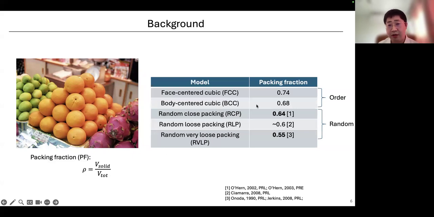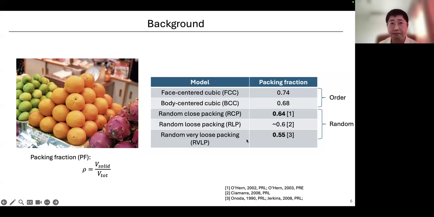And we know that there are several regular or ordered structures, face centered cubic and body centered cubic. They have pretty good analytical solutions and understanding. And then there's random packing, ranging from random close packing, random loose packing, and random very loose packing, with a packing fraction going from 0.55 to 0.64.